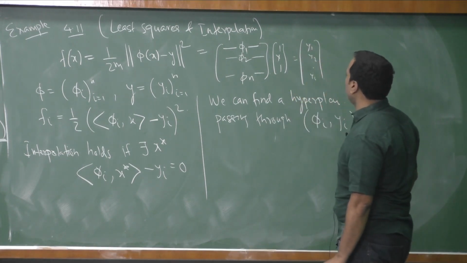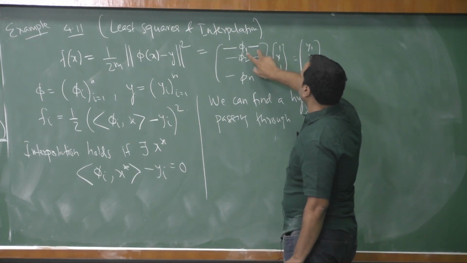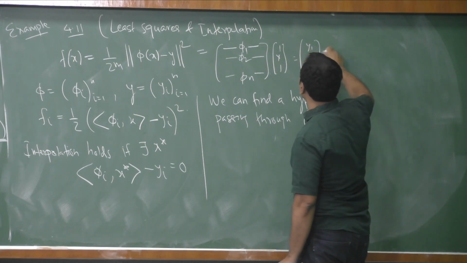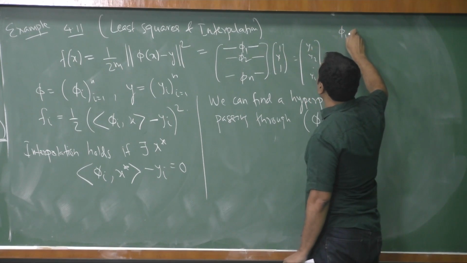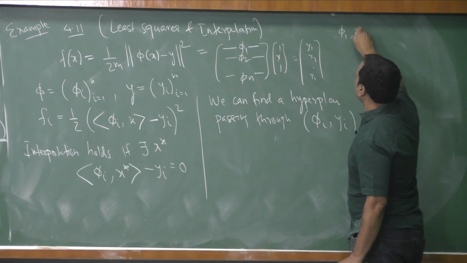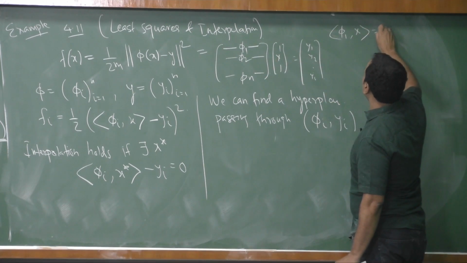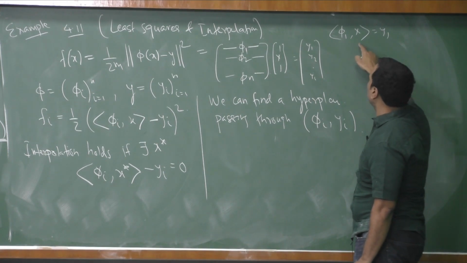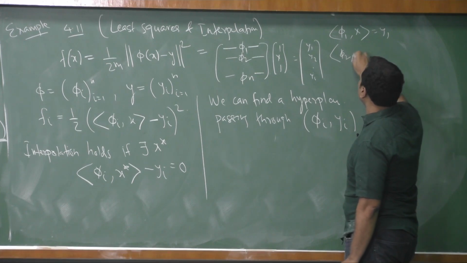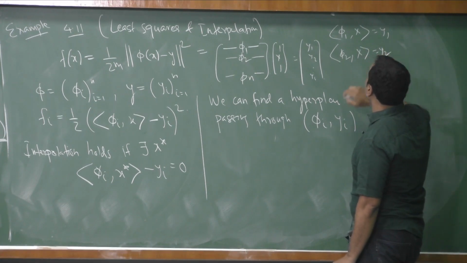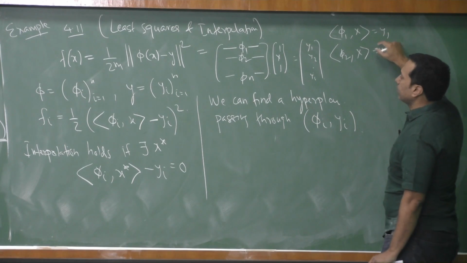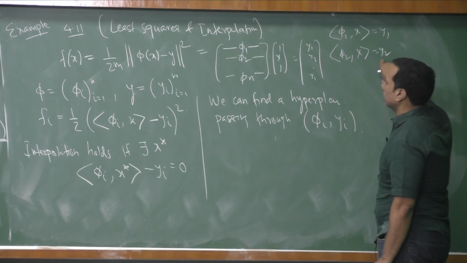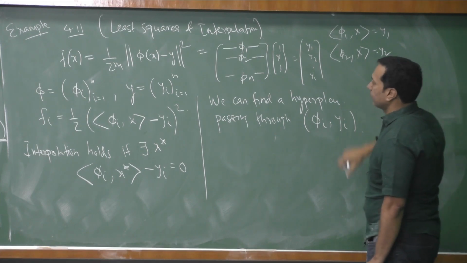So phi_1 x equals y_1, where I do a dot product. So that's my first f_i, f_1, and then my second function is phi_2 x equals y_2. And obviously all these errors must be combined, so that's why we have a sum of these functions.